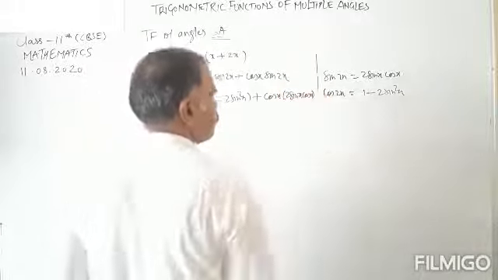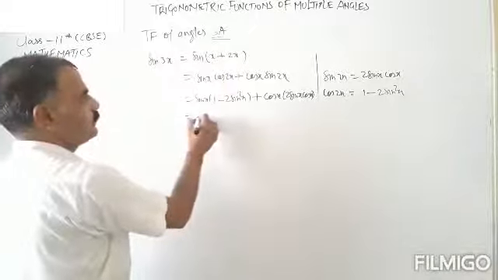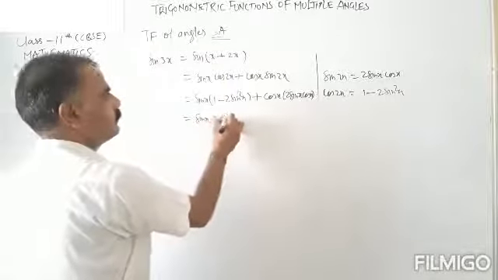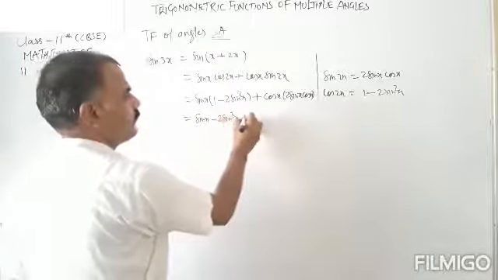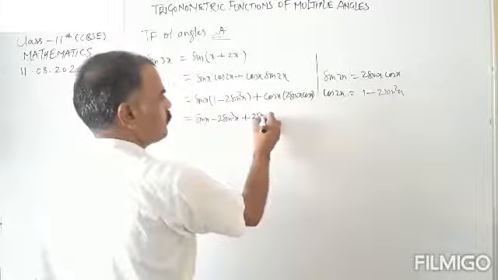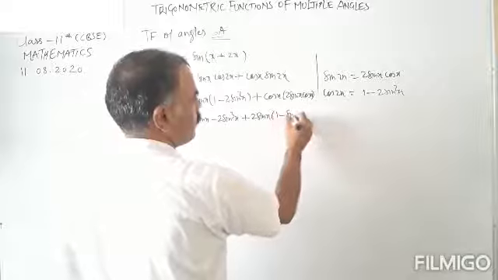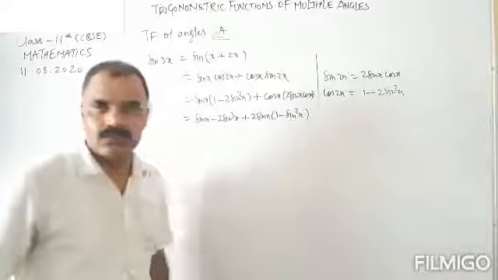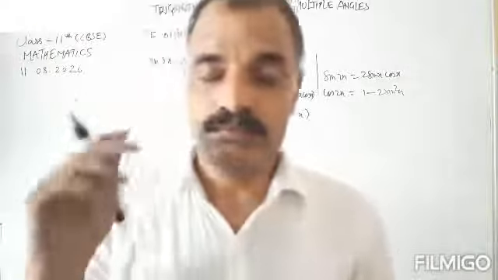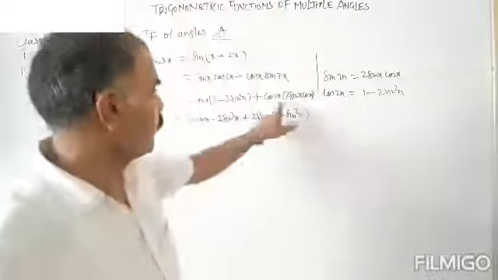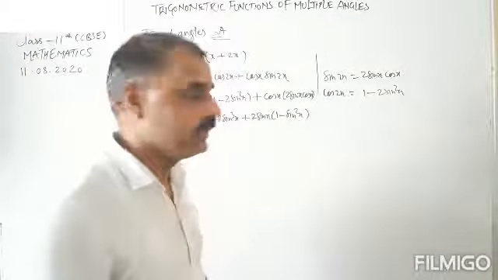So this is equal to sin x minus 2 sin cube x plus 2 sin x into cos square x, and cos square x is equal to 1 minus sin square x.